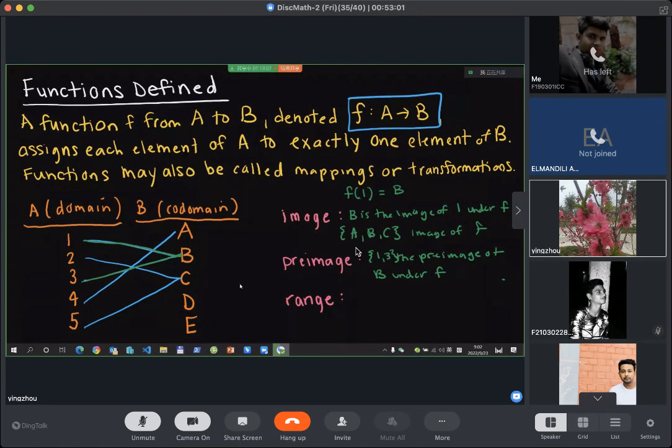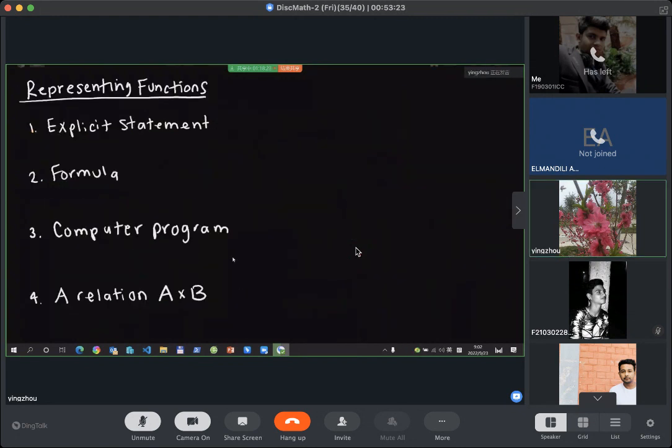So the range is the set of all images, the outputs that are mapped to from the first set. In this case, the range would be the values A, B, and C, because these are all values that were mapped to from the domain A. So from this example, the range is equal to all the images.